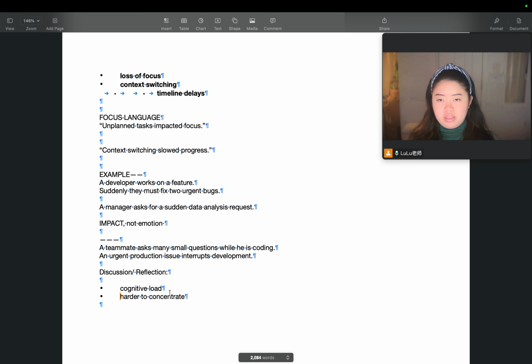So cognitive load, it affects the cognitive load. It's harder to concentrate. It's slower progress. So these are negatives. These are the inefficiencies of context switching.